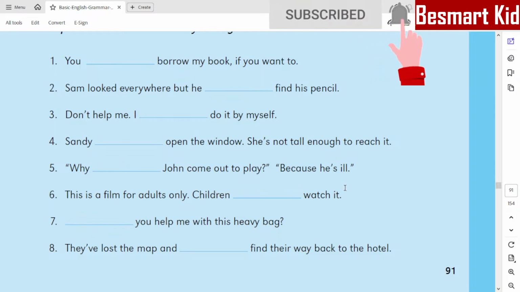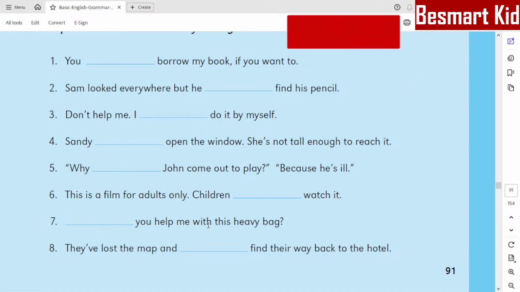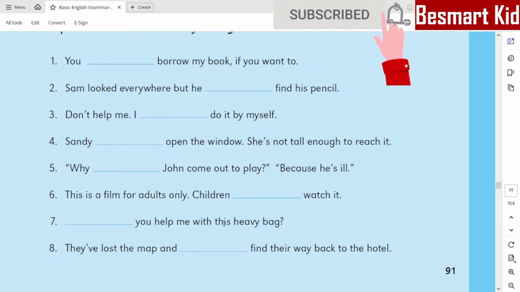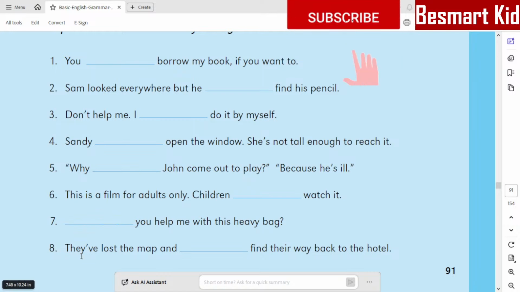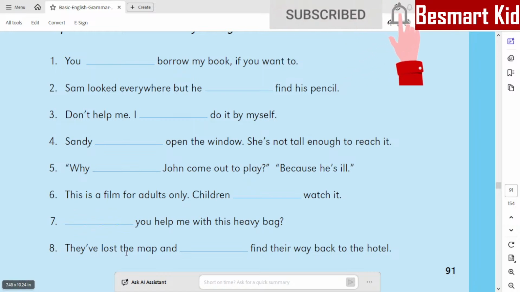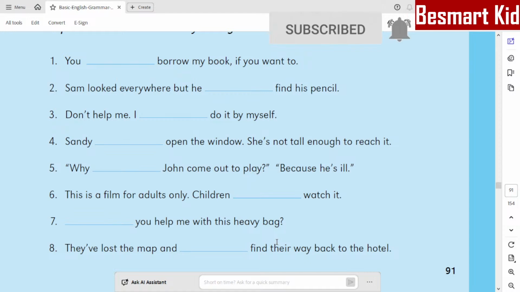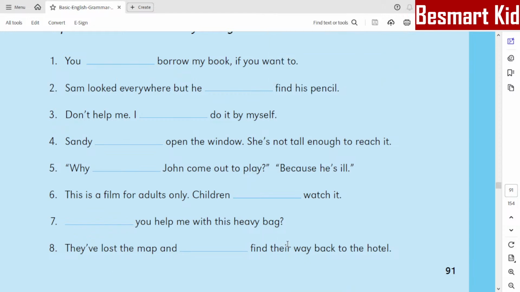Children dash watch it. Seven, dash you help me with this heavy bag? Eight, they've lost the map and dash find their way back to the hotel.